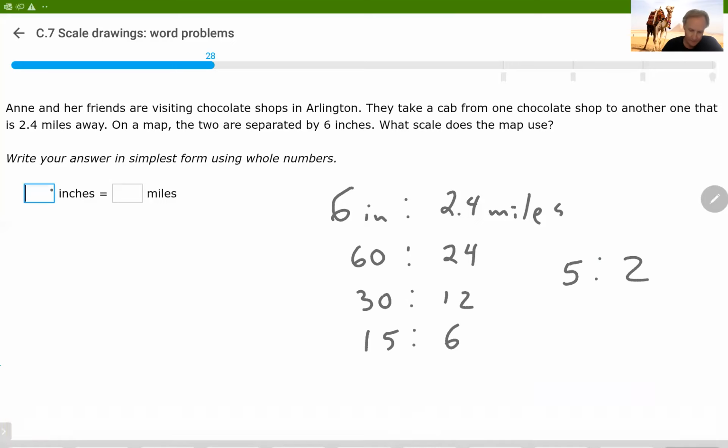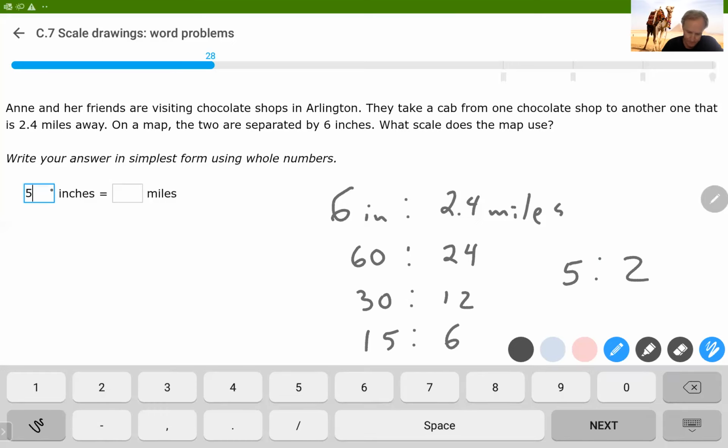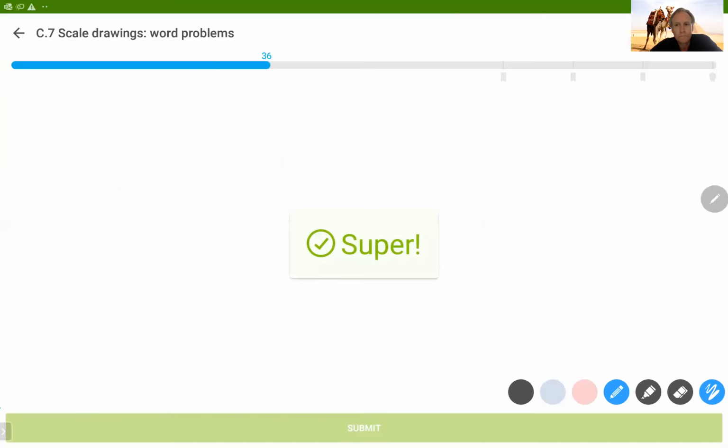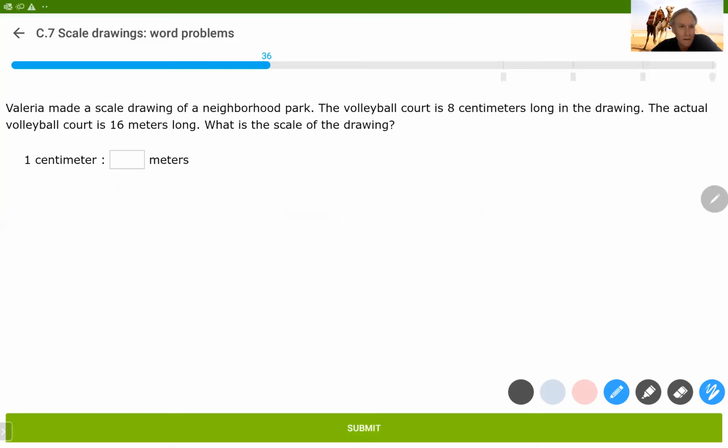So let's try that. In this case, we've got 1 centimeter. So it's 8 centimeters. I'll write it over here. 8 centimeters goes to 16 meters.